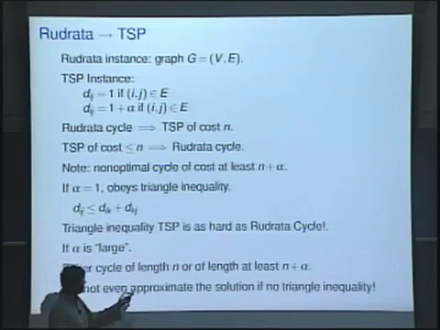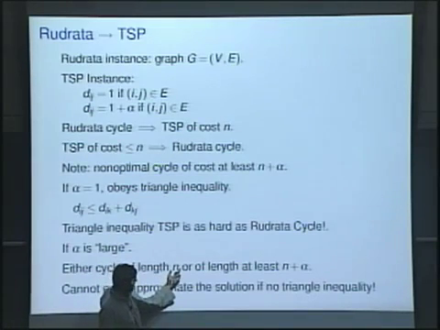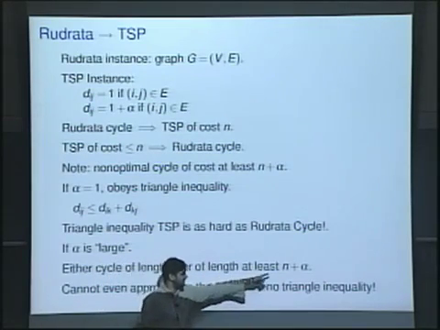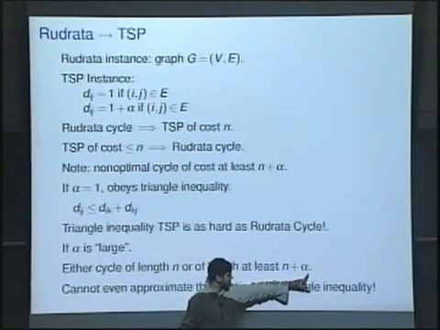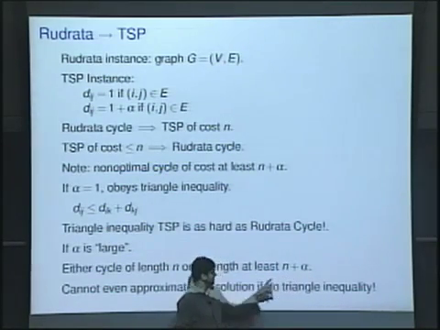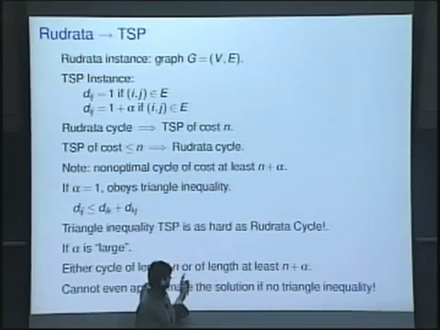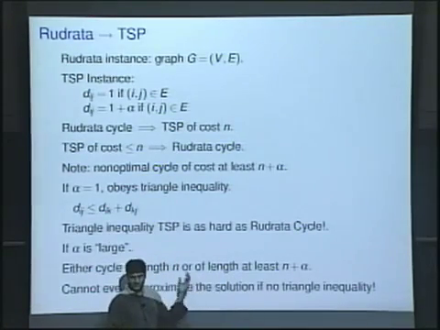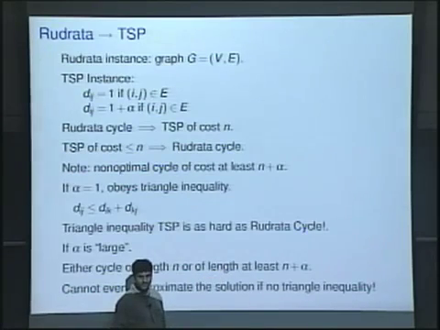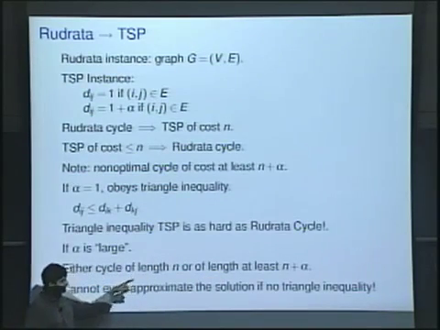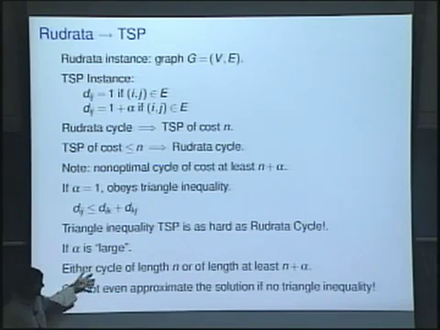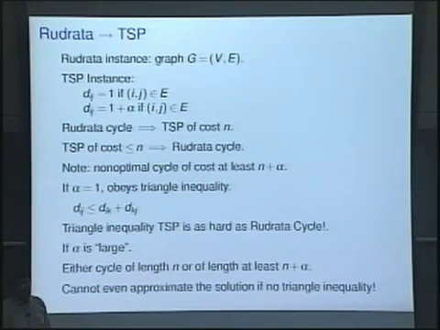If I could approximate within a factor of 2, and I chose alpha bigger than 5n, then a solution of 2n would mean there must be a solution of n, because there are no solutions of 2n. So having this gap between the two solutions says that, for the case where you don't have the triangle inequality, you can't even approximate TSP within any factor. It's a really, really hard problem.